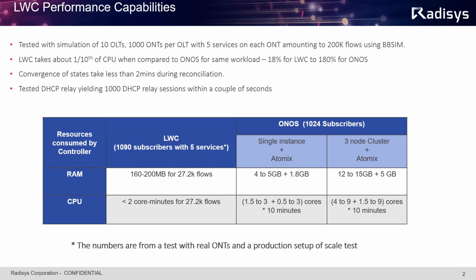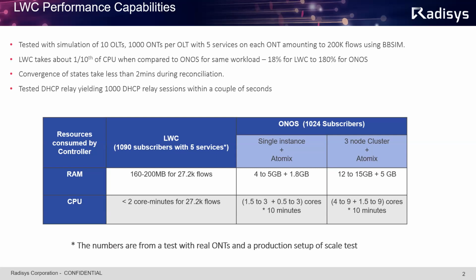But from the data collected from an implementation that is serving customers now, you can see that the LWC implementation is actually quite low with respect to ONOS classic, if I may use that analogy.